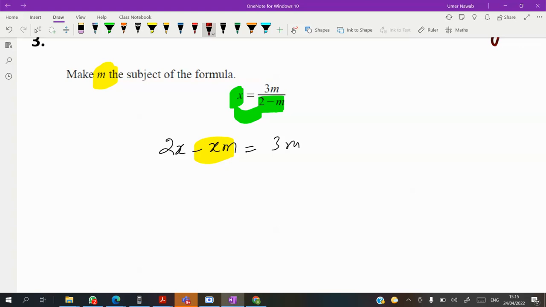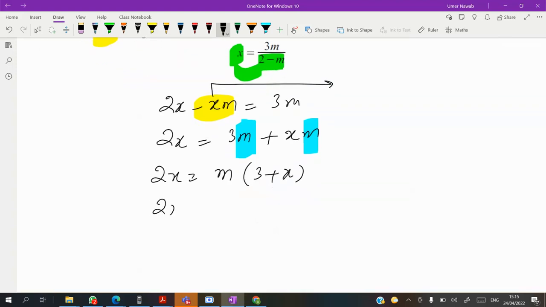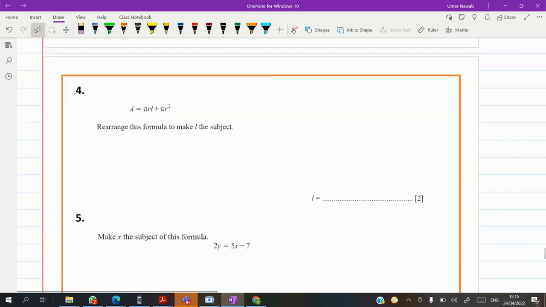So send the left hand side term to the right to gather all m terms. So take m common. So 2x is equal to m times 3 plus x. So 2x over 3 plus x is equal to m. So we have made m the subject.